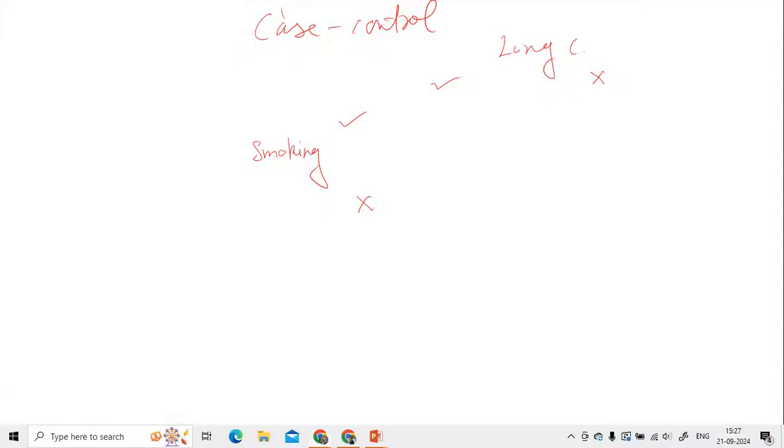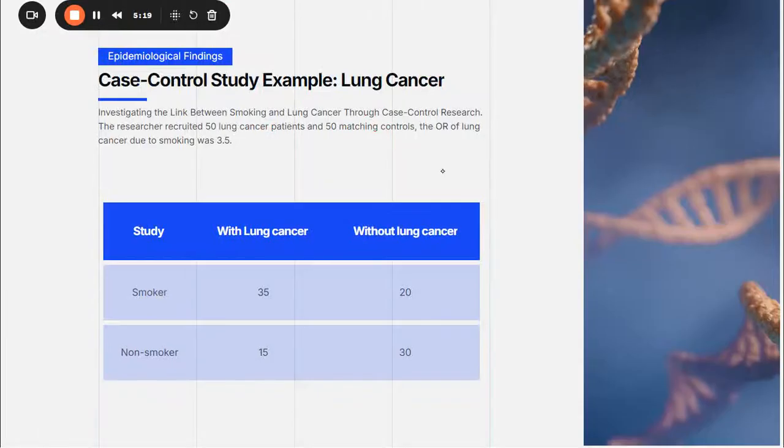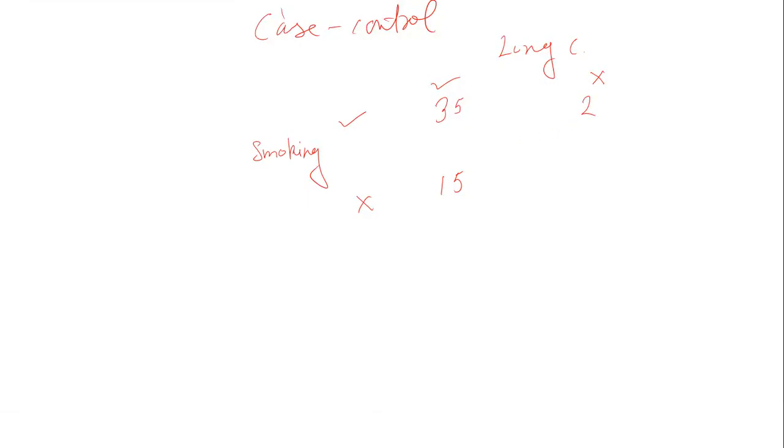It's 35, 15, and 20 and 30. So the number of smokers was 55, the number of non-smokers was 45, and the number of lung cancer patients and controls was 50 and 50.